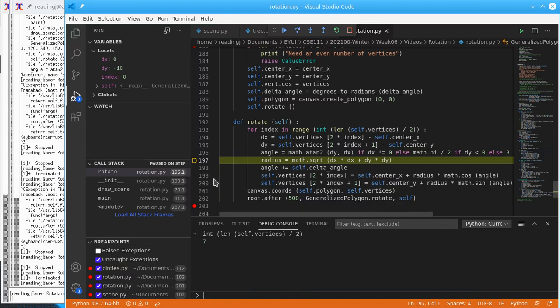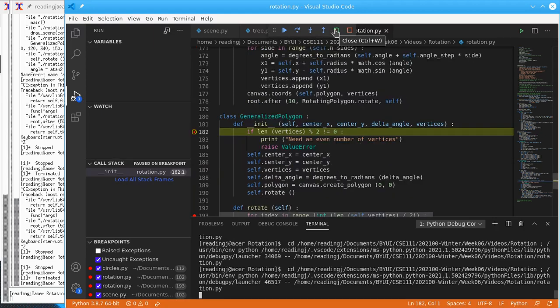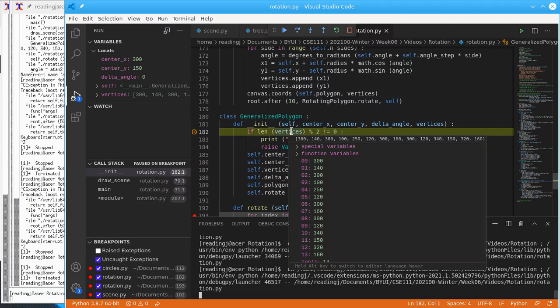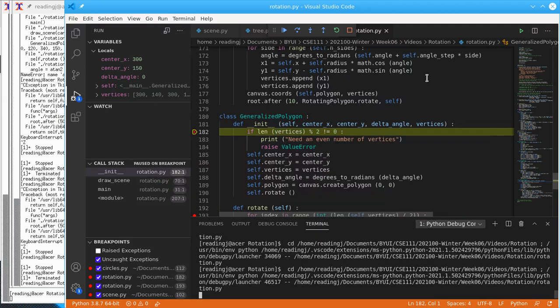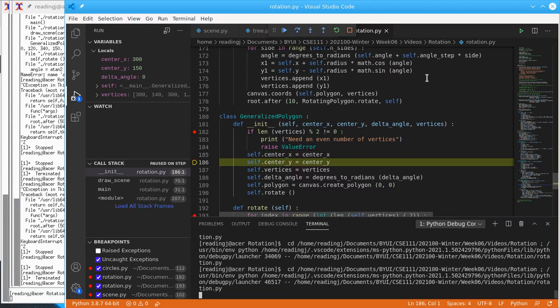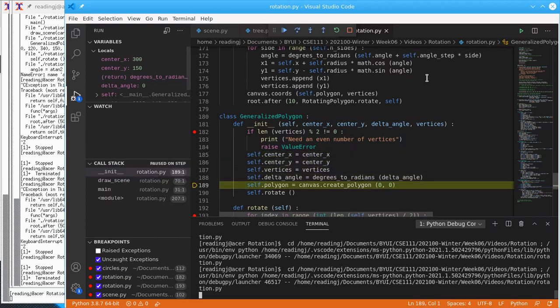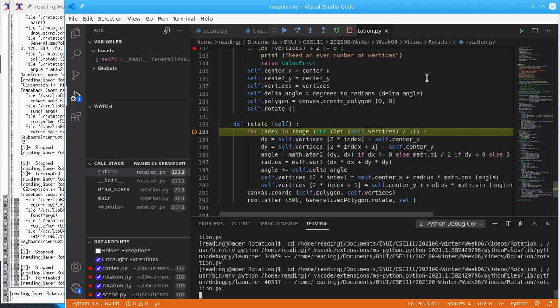Okay, so now don't want a breakpoint there, don't want a breakpoint there, we want a breakpoint right there. So restart, bing. Okay, vertices, it's 14 long, so that works. Oh, I was supposed to stop down and rotate. Okay.